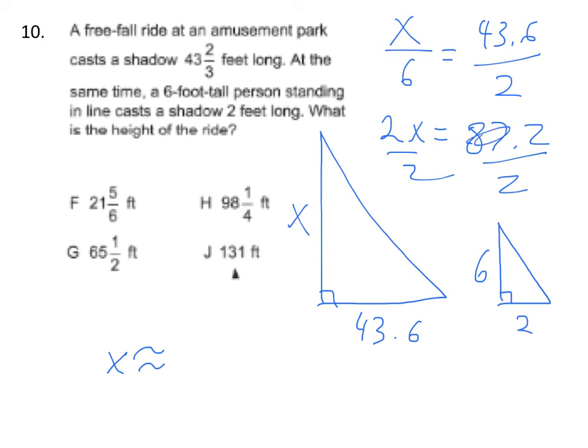Yeah, that's not 87.2. 6 times 43.6 is 261.6. All right, divide 261.6 by 2, and you get roughly 130.8, which is going to be J.